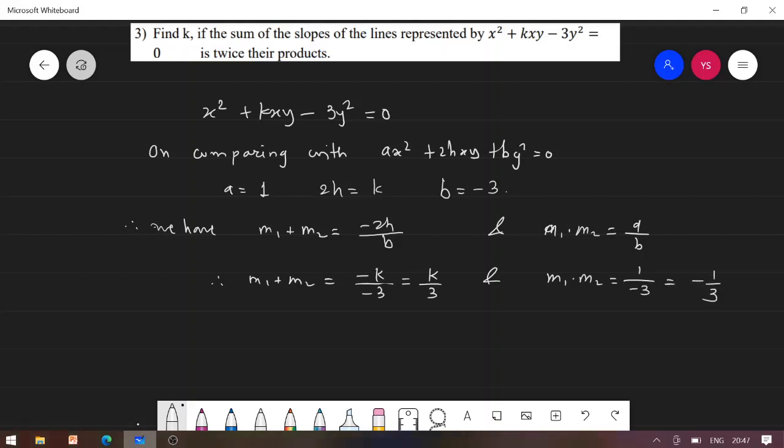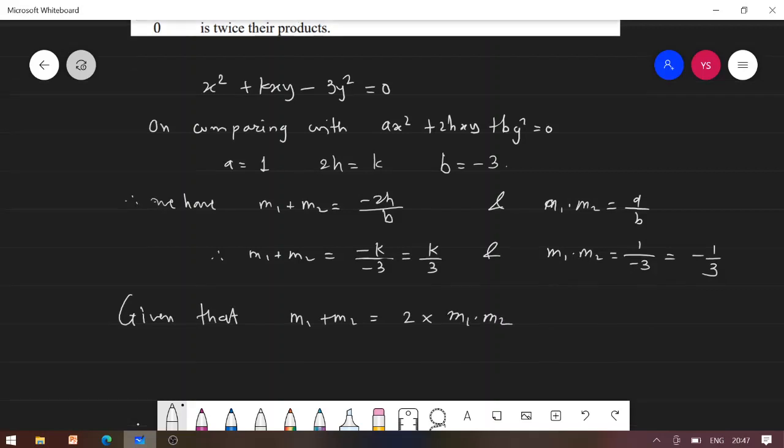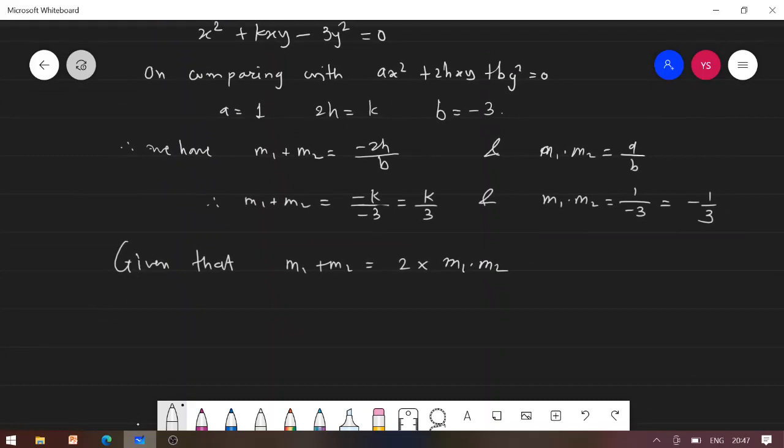Now as per the given condition, the sum of the slopes is twice that of their product, so we are having m1 plus m2 equals to 2 times m1 into m2, where m1 plus m2 value is k by 3, that is equal to 2 times m1 into m2 value, which is minus 1 by 3. So 3 from both sides gets cancelled, so we get k value as 2 times minus 1, which is minus 2.